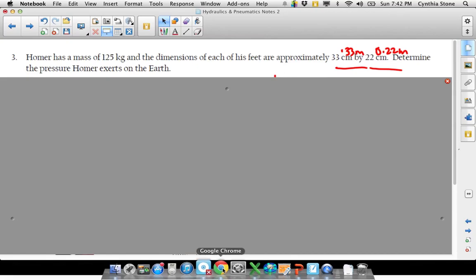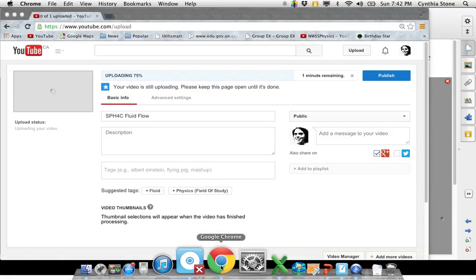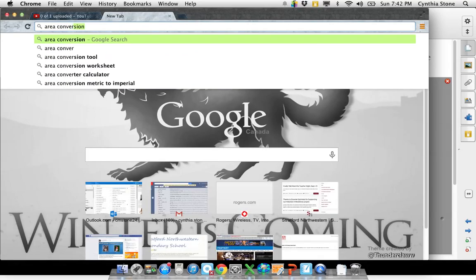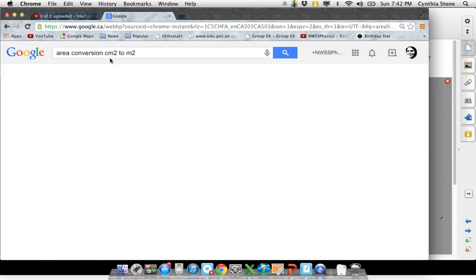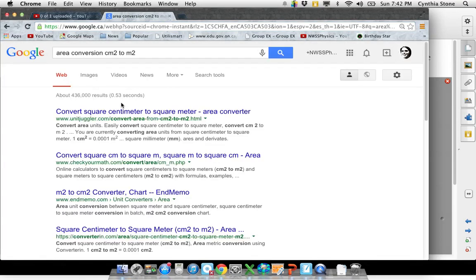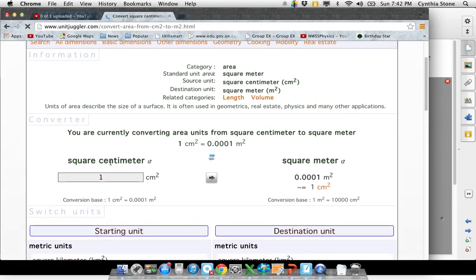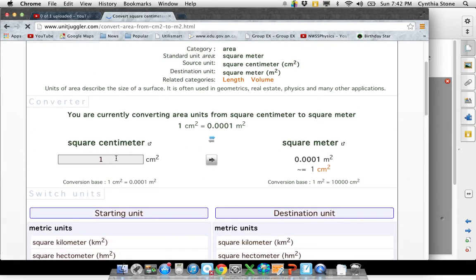I just want to show you something. Area conversion, centimeters squared to meters squared. Say you had 100 centimeters squared. You're going to turn that into meters, and you might say 100 centimeters squared must be 1 meter squared.